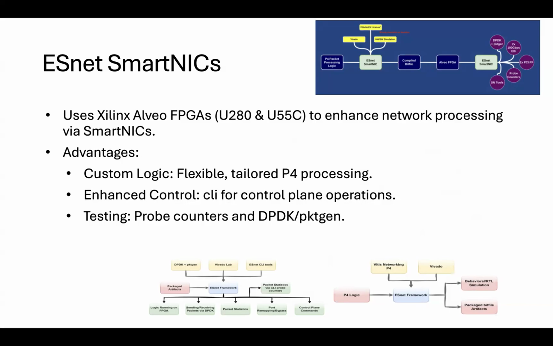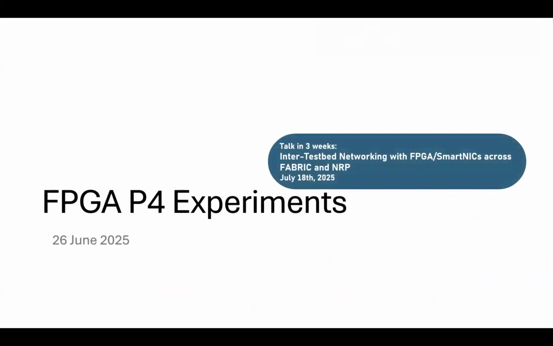In our case, the U280 and U55C, to do all the functionalities that I've described and to provide a pipeline where users have a development environment as well. So you can write your own P4, compile it for the FPGAs, and use the compiled P4 artifacts to load the logic on the FPGAs and use all sorts of command line tools, probe counters, and advanced tools like DPDK for more granular control.